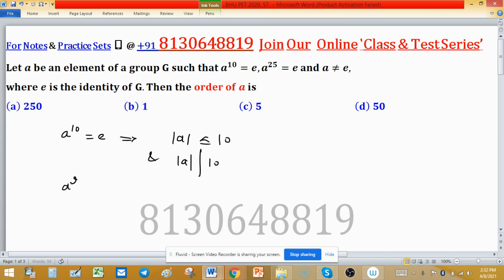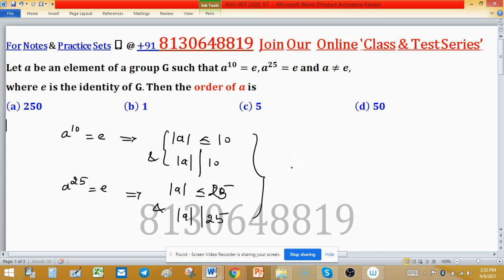Second thing is A raised to the power 25 is also identity. This implies that the order of A is less than or equal to 25 and the order of A will divide 25. So combine these two: the order of A will be a common factor of 25 and 10.